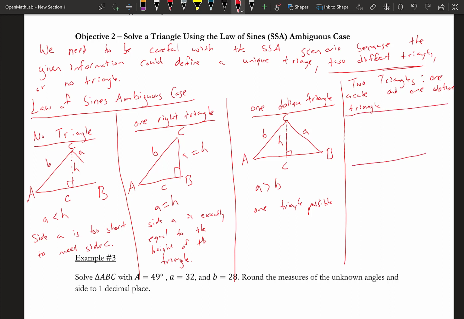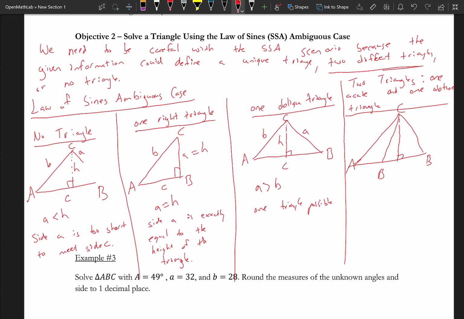So this is A, B, and C, and then draw this as B also as a possibility.